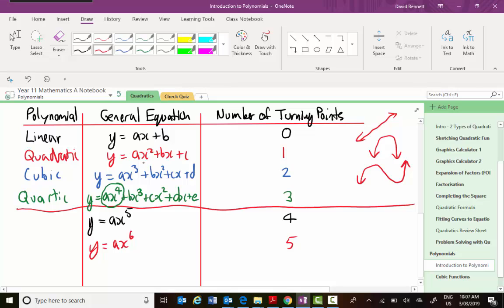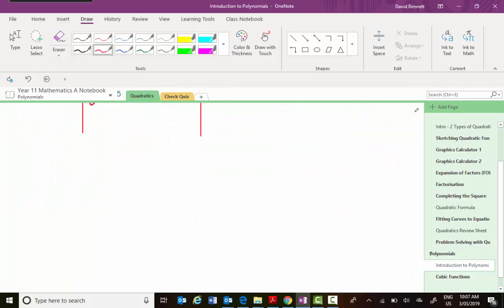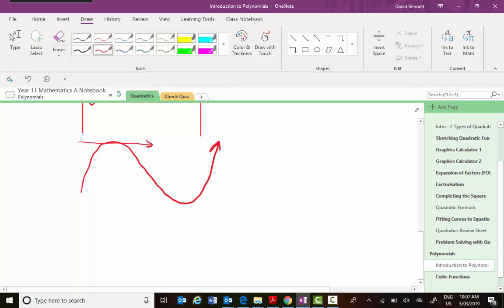If it's got a power of 3, x to the power 3, then it's going to have 2 turning points. If it's got x to the power of 10, it's going to have 9 turning points, possibly. Turning points are where the slope of the tangent is equal to 0.